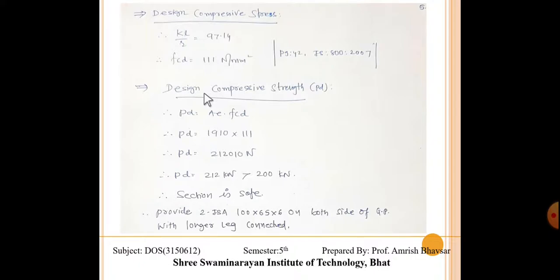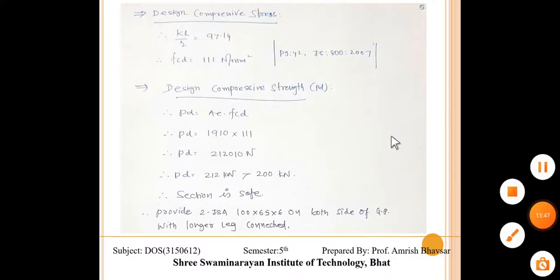After getting AG from the steel table, we will finalize the section, and after that just check that our section is capable for the given load or not, and if it is safe, then it is okay. Otherwise, revise the section and select a bigger section from the steel table.